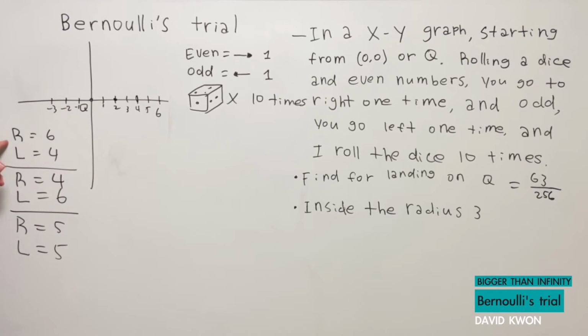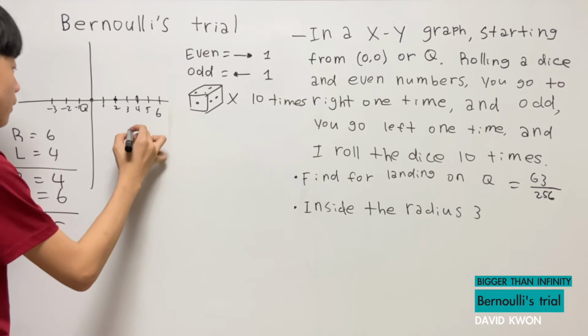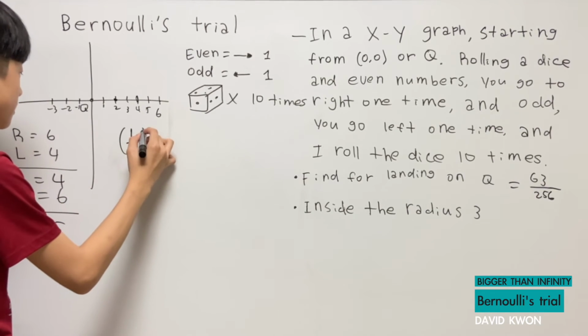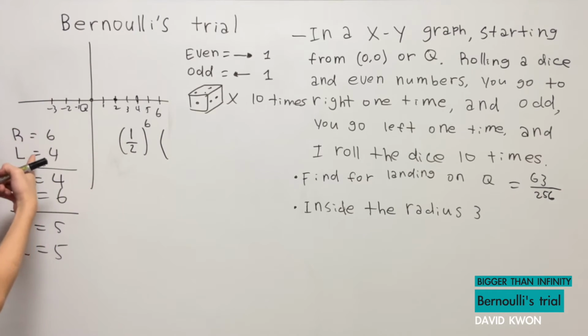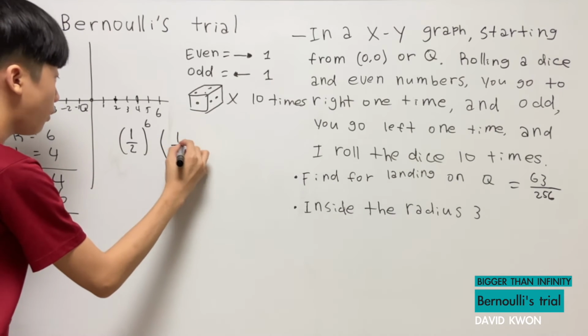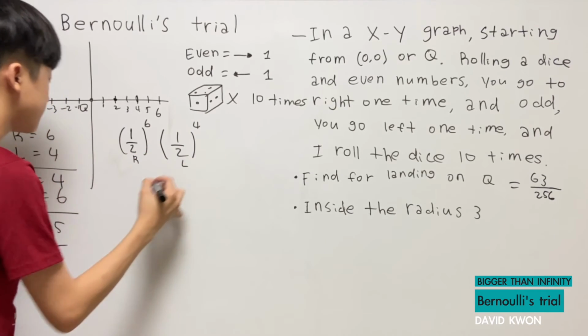Now, let's solve for this one. It goes to the right 6 times. For it being an even, that is 1 over 2. That happens 6 times, and it lands on left 4 times. This means right, and this means left.